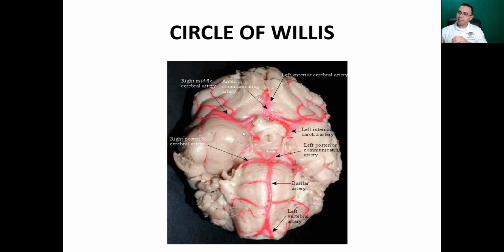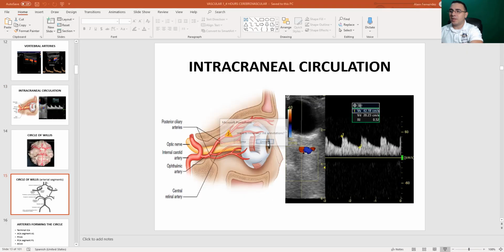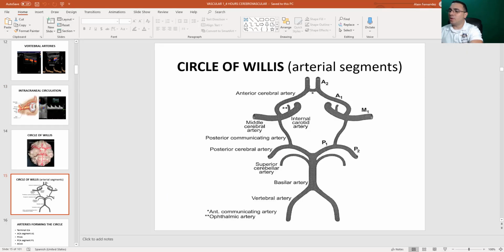So right here I have a nice representation of the circle of Willis, but I'm just going to do it my way, and then later I'm going to show you this one here as well. But I basically would love to explain this my way, and then we're going to take a look at this beautiful picture.